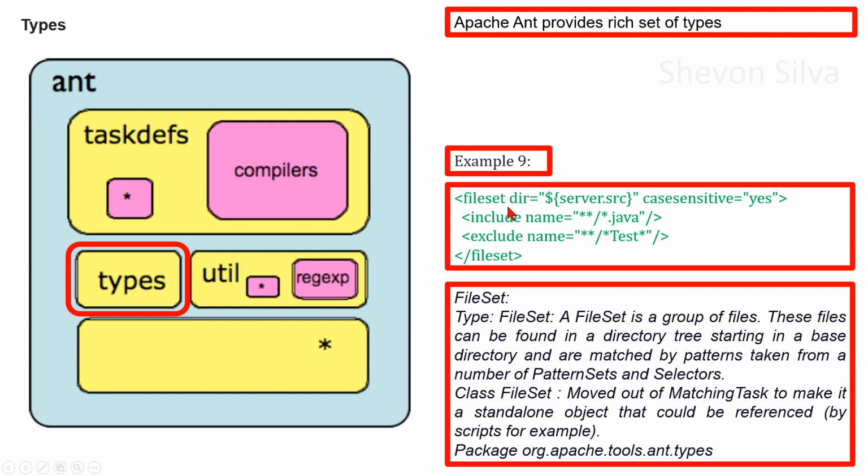This is in the package org.apache.tools.ant.types. Here it groups all files in directory ${server.src} that are Java source files and don't have the text test in their name.